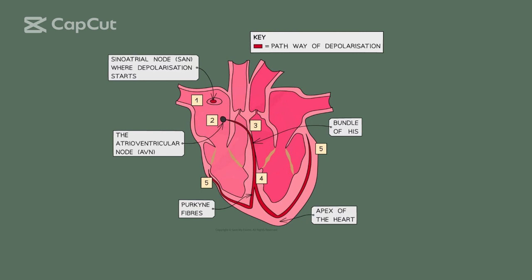But eventually the wave will move into the ventricles, and the first thing that it reaches that you need to know about is the atrioventricular node. So we had the sinoatrial node in the right atrium. Now the second node we need to know about is the atrioventricular node.